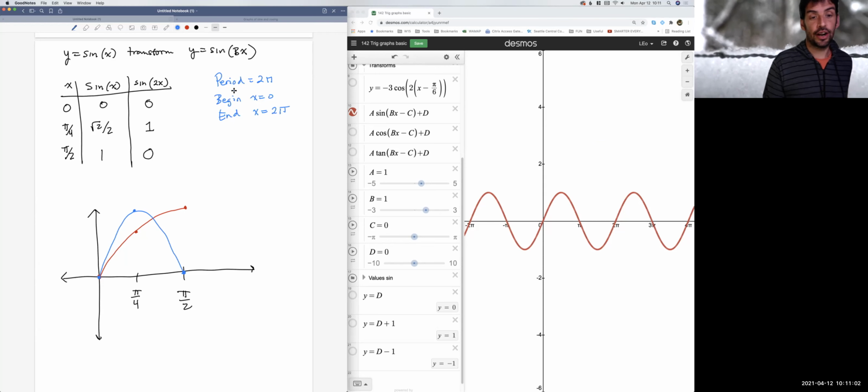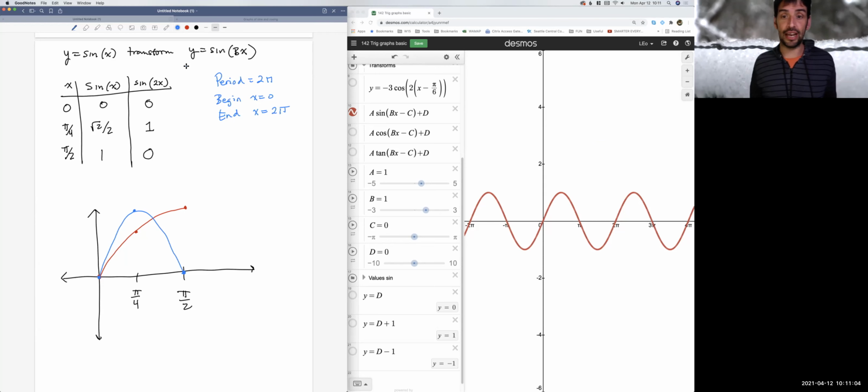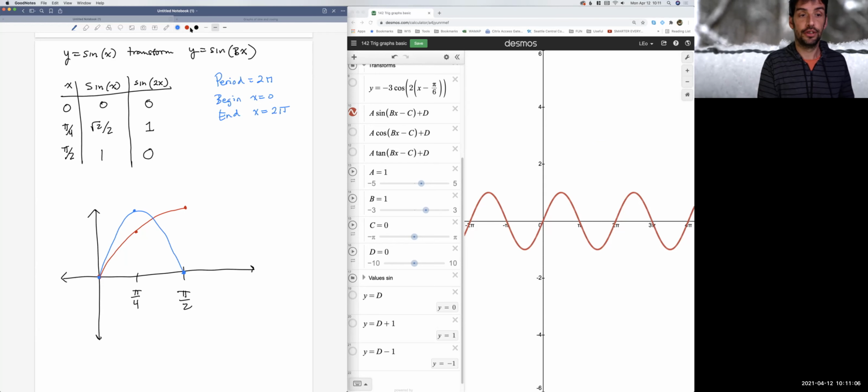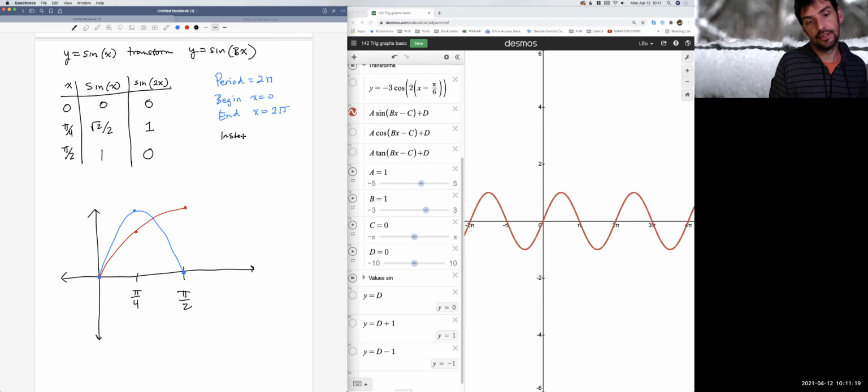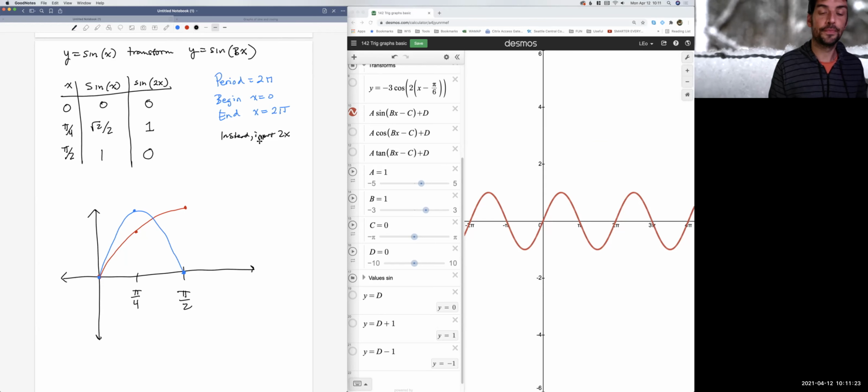Now let's think about inputting 2x instead of just x, right? So the blue is our original graph. Oh wait, I switched colors. Well, in any event, now let's think about inputting 2x.